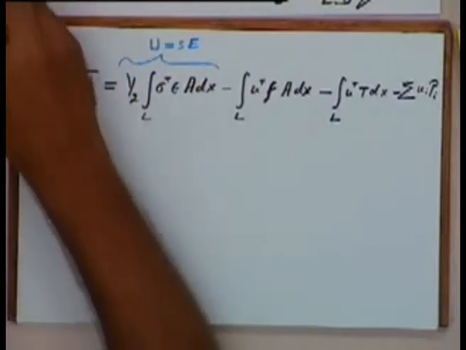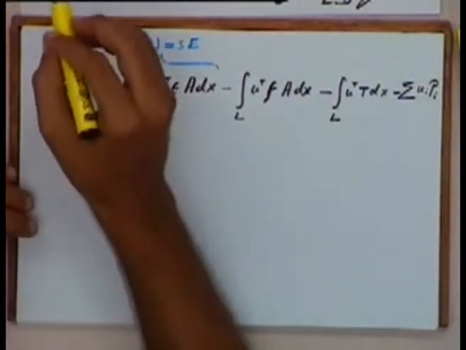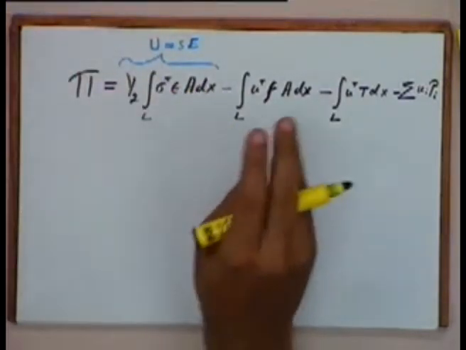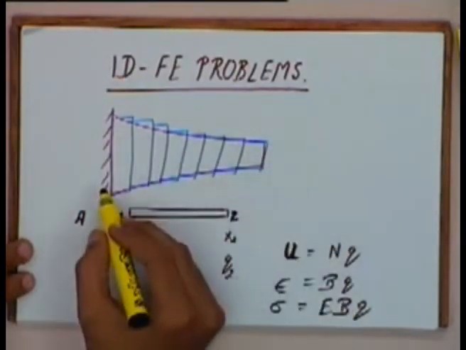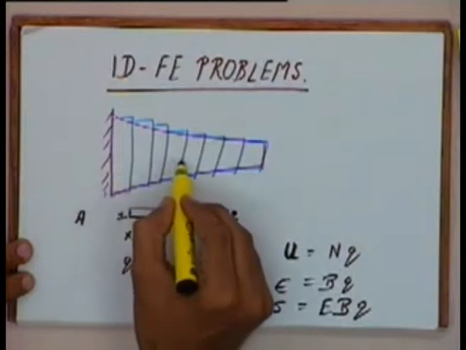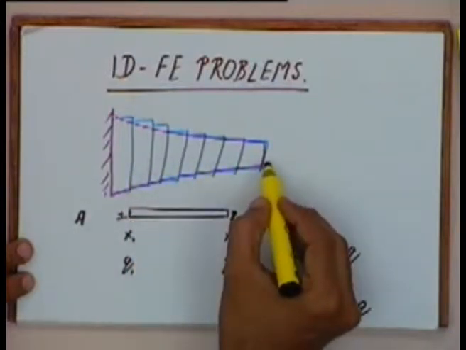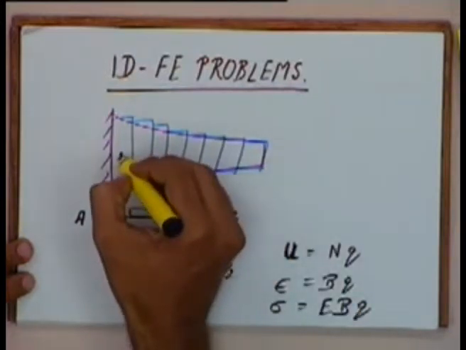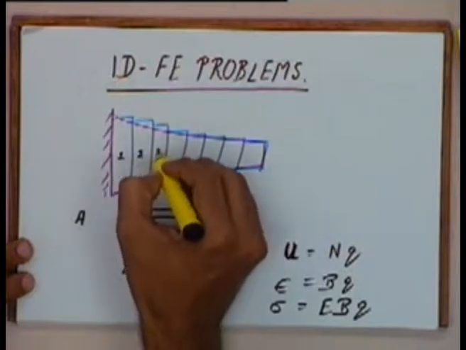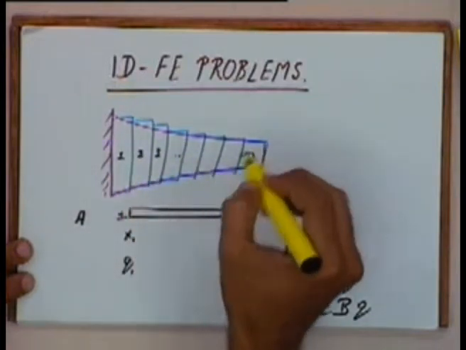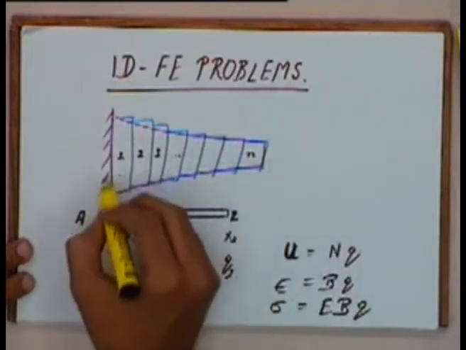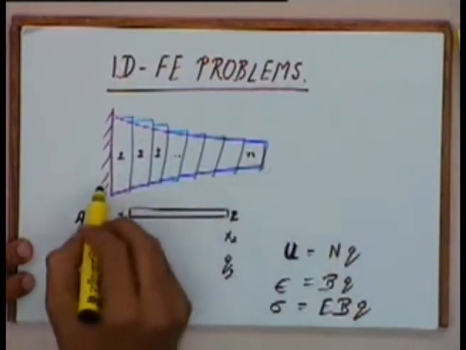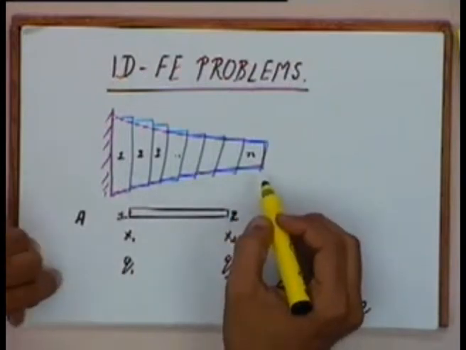Now the potential energy in this complete object will be the sum of the potential energy in the individual elements. Okay, so if I take this element as element number 1, 2, 3 and so on, so n elements, then the total potential energy of this body will be the sum of the individual potential energies.